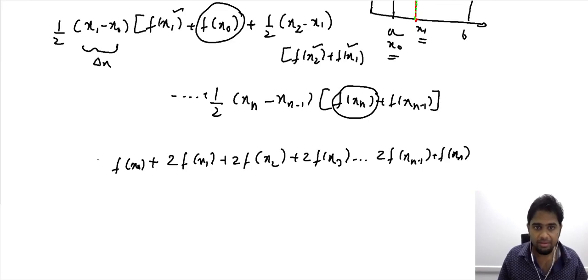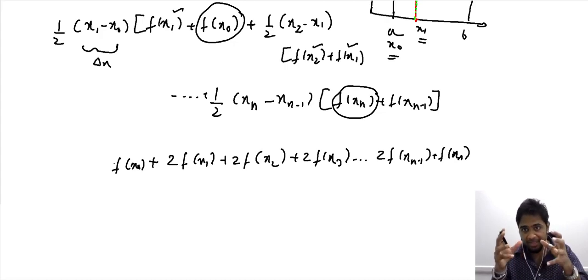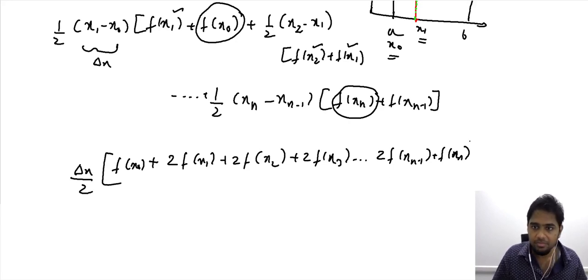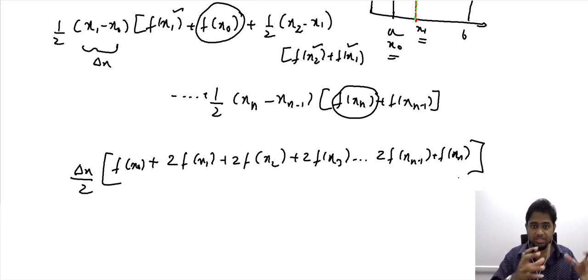Now ultimately, the sum of all these trapezoids that we have included to approximate the area enclosed by points a and b is written as delta x by 2 times the sum of these different terms. And this will help us approximate the area under the curve within the upper and the lower limit.